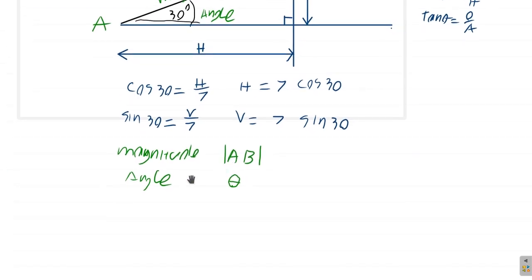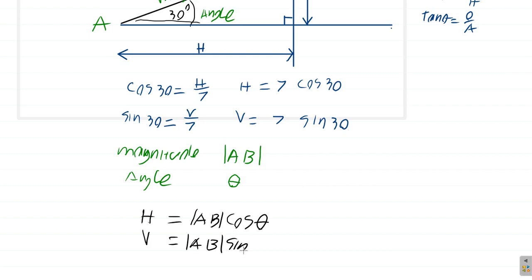So, what you can say now is the horizontal component you represent with AB cos theta, and the vertical component should be AB sine theta. So you remember those, horizontal and vertical components.